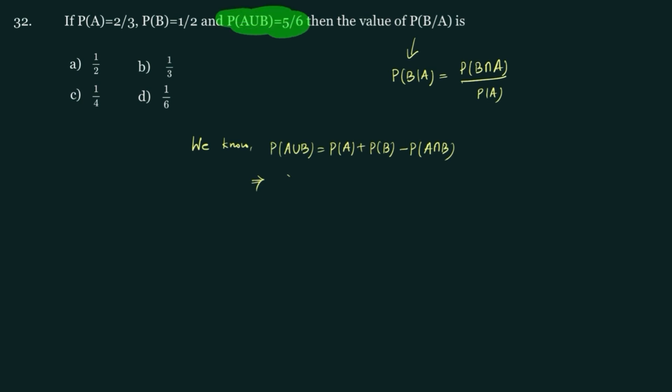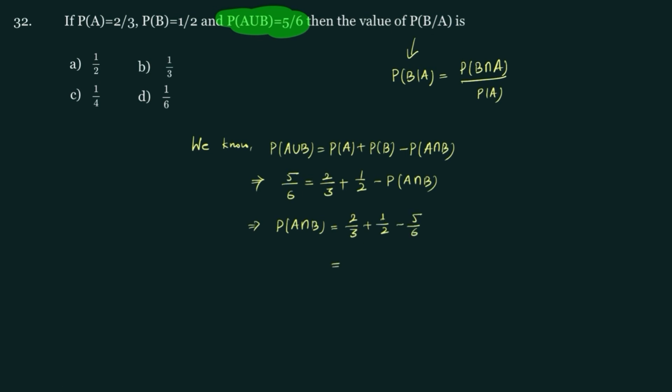That's why 5 by 6 equals probability of A, which is 2 by 3. It's all given in the question. Probability of B is 1 by 2, minus probability of A intersection B. That means probability of A intersection B equals 2 by 3 plus 1 by 2 minus 5 by 6.